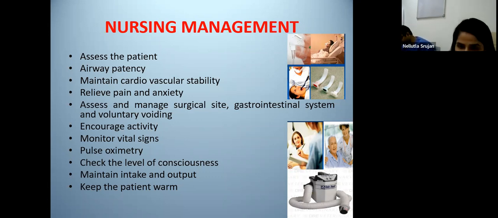Monitoring vital signs is very important. With the pulse oximeter, we need to check the saturation levels of the patient. The level of consciousness through the Glasgow Coma Scale has to be monitored. How much is the intake and output? That is very essential as a nurse. If the patient does not pass urine after 6 hours of surgery, a catheter has to be inserted immediately with the approval of the doctor.